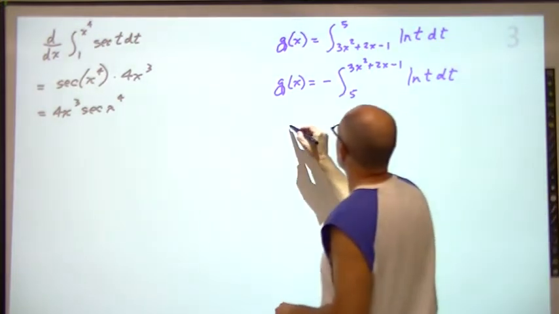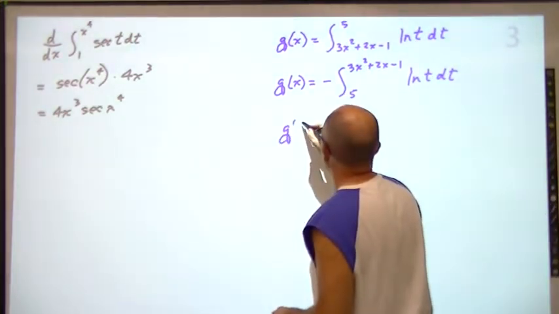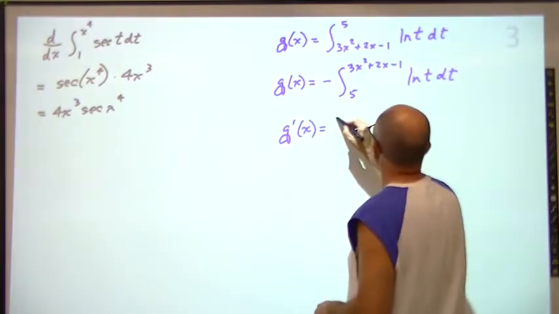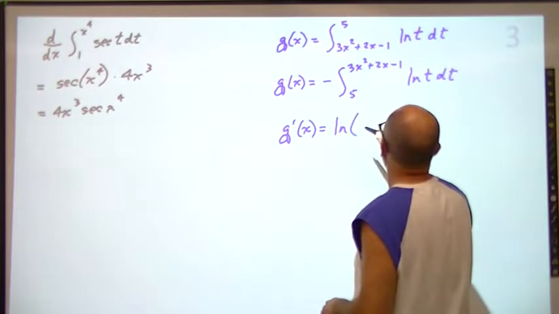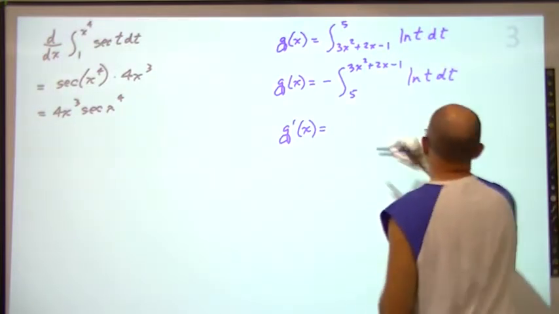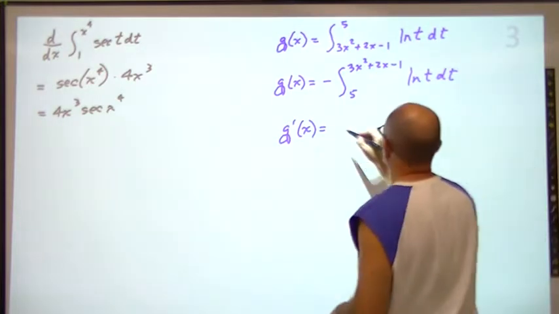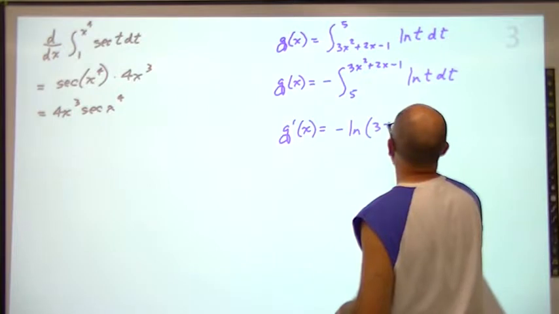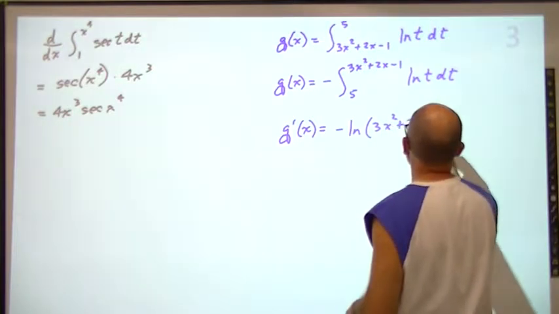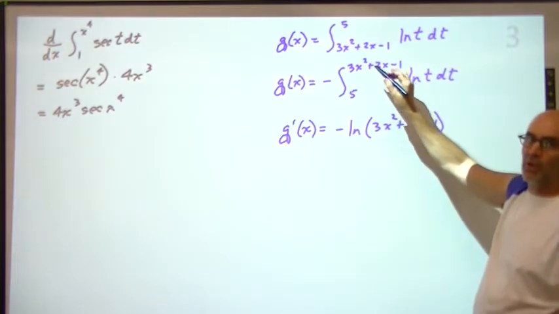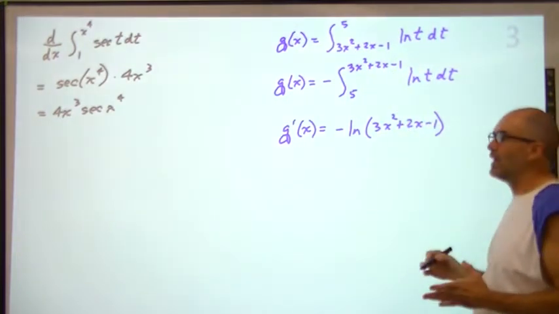Now, g prime of x is going to equal negative natural log of 3x squared plus 2x minus 1. Now, don't forget the upper limit was a function, not a single variable.